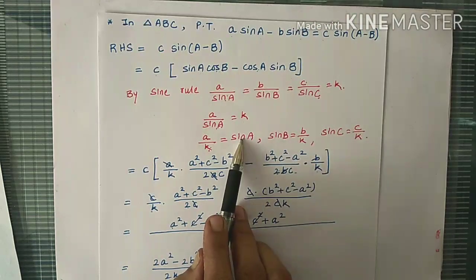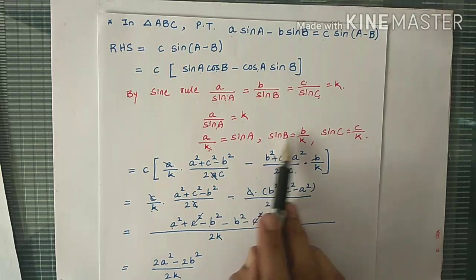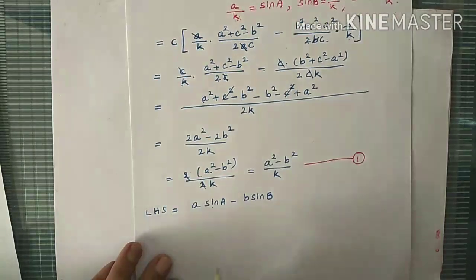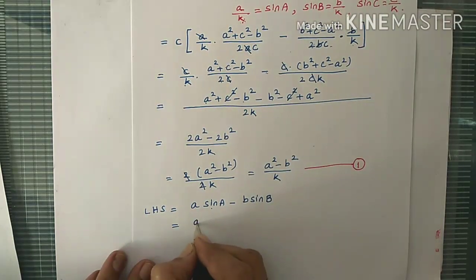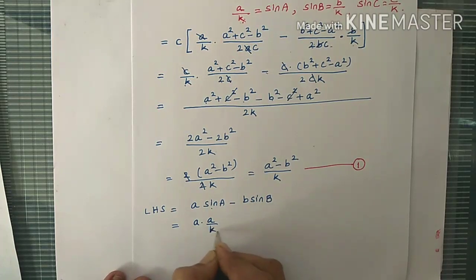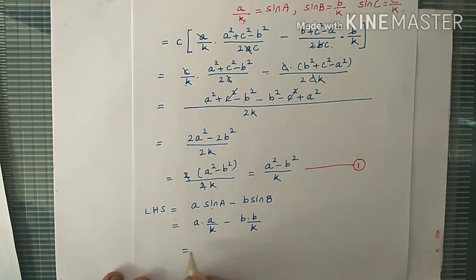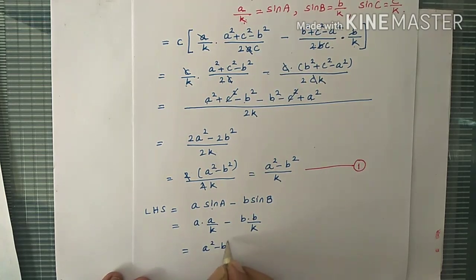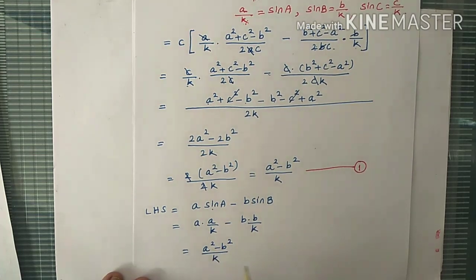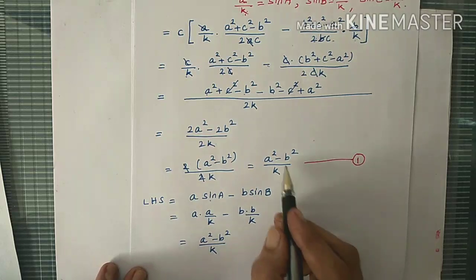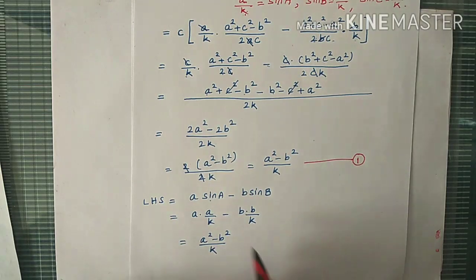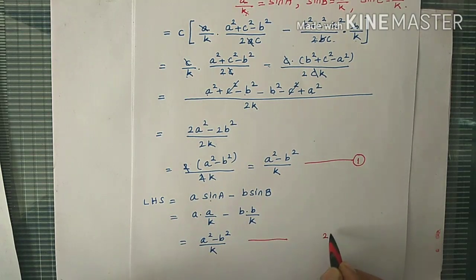By sine rule, sin a is a by k and sin b is b by k. So substituting for sin a as a by k and sin b as b by k, we get a square minus b square upon k, which is the same as equation 1. So let this be equation number 2.